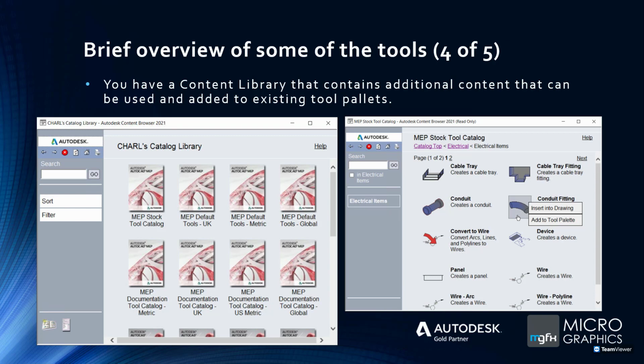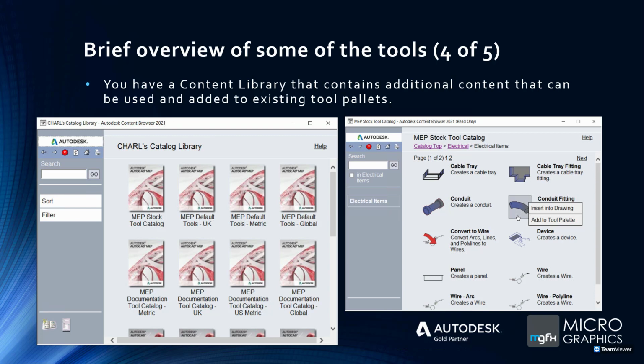On the left-hand side, there are various libraries. You'll see there's default UK tools, global tools, etc., documentation, catalogs, and on the right-hand side, you can see we've delved into a specific catalog and hovered over a conduit fitting, which you can then add to your drawing directly, or specifically insert or add to a tool palette.